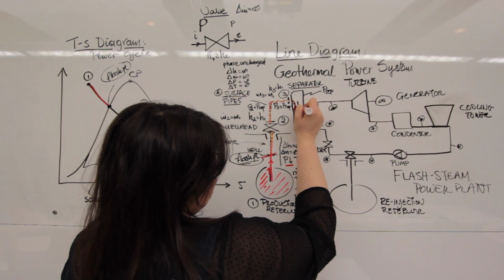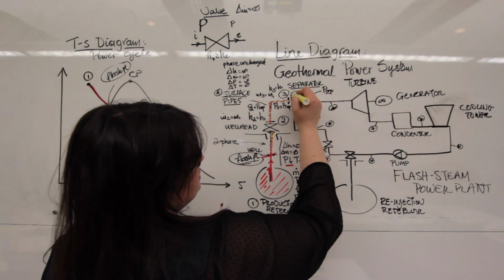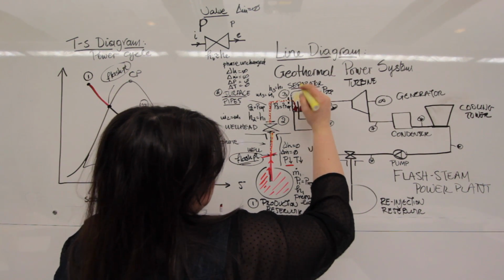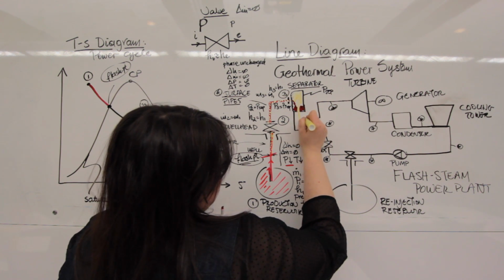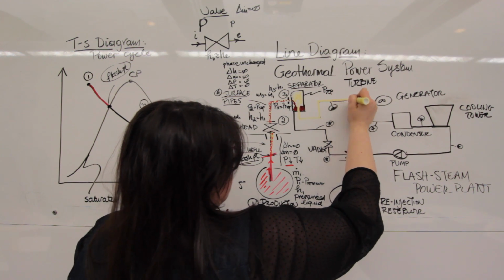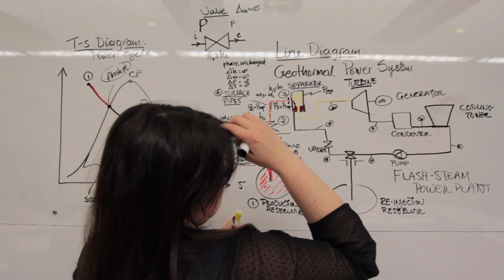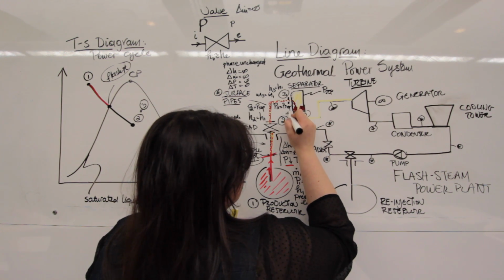And the liquid part of it actually accumulates at the bottom, while the steam part of it accumulates at the top, and it finds the path of least resistance, where it is directed to the turbine. This is point 5, this is point 4.